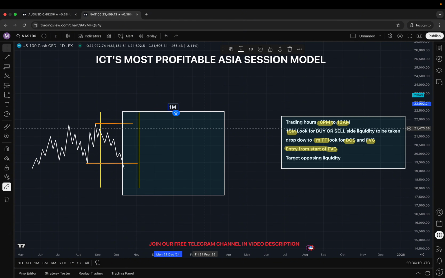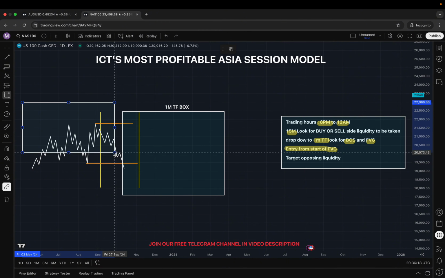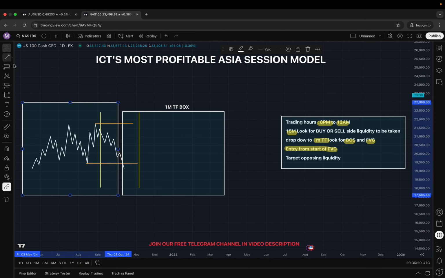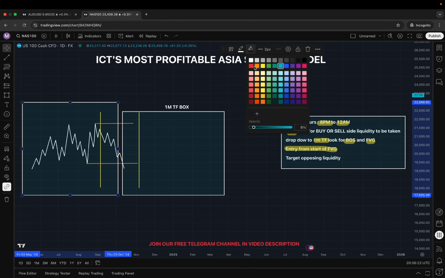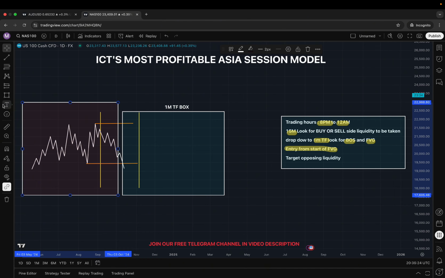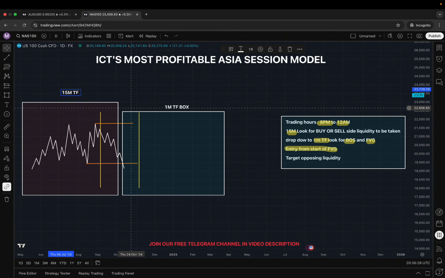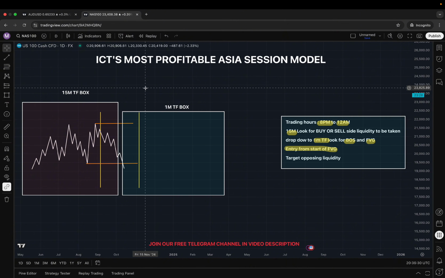So this is a 1-minute time frame box, and all of this will be done in a different color. So let's put down red, and this will be classed as our 15-minute time frame box.